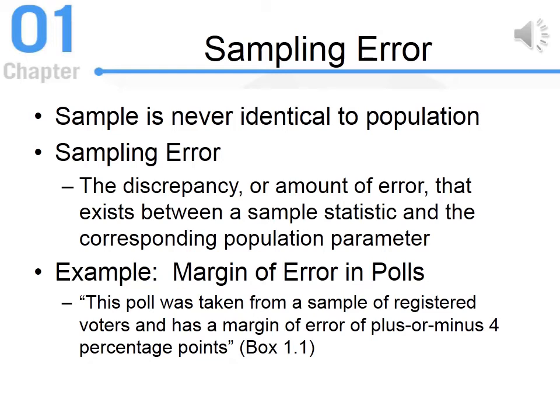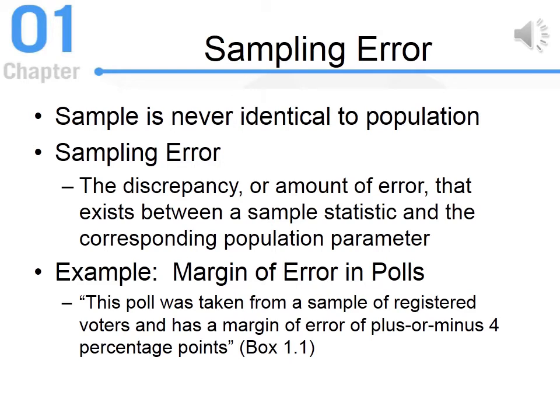Sampling error is a really important concept that sometimes confuses people. I think the reason it confuses people is because when we hear the word error, we think a mistake has been made or somebody did something wrong. However, that's not at all the case with sampling error in statistics. Sampling error refers to the fact that no sample is ever identical to the population.